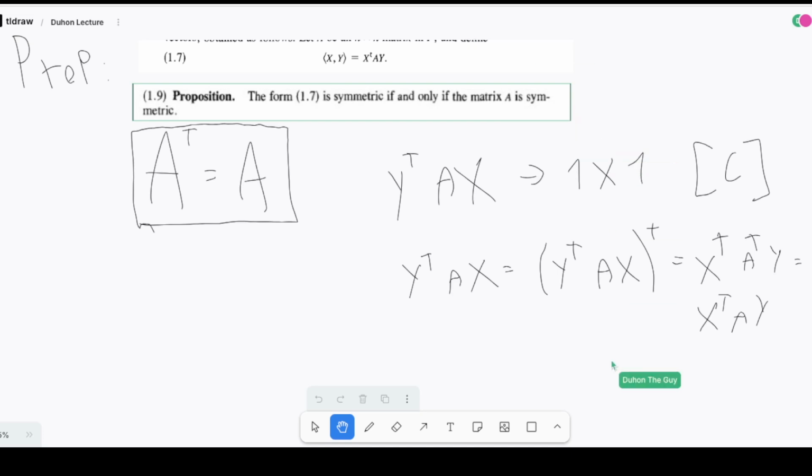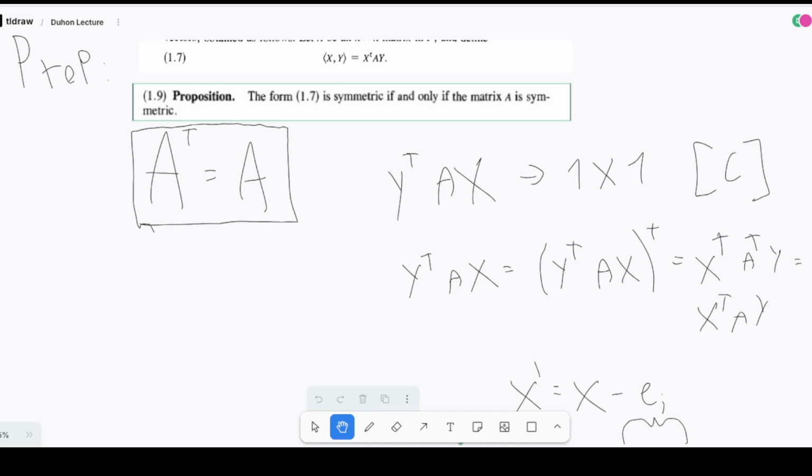Now, there's the other side of the implication, which is a little bit more complicated, but we can simply set x as being x', which is what I'm going to call it, x minus e_i. e_i is basically just going to be like, as far as I remember, a unit vector.